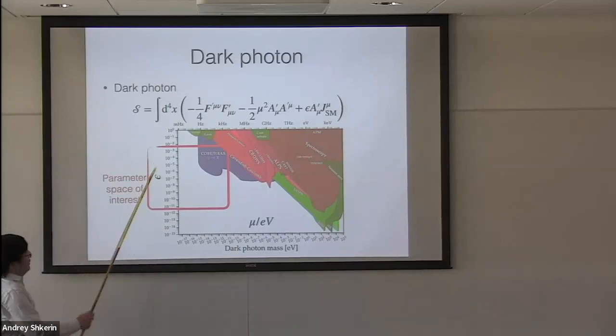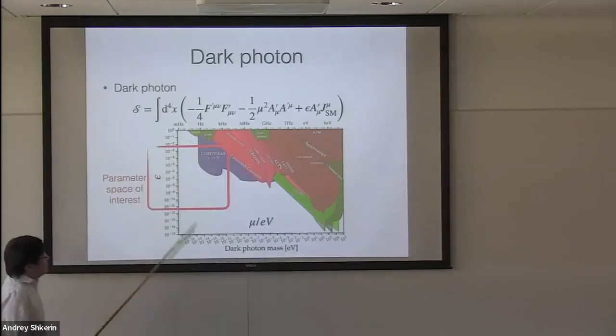While the upper and the lower bounds on the coupling come from where we have control of our computation, and when the coupling is really tiny, then the processes will be tiny. So by the way, in all of this parameter space in this box, something will happen.